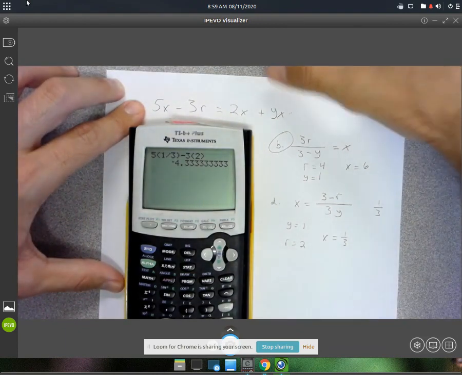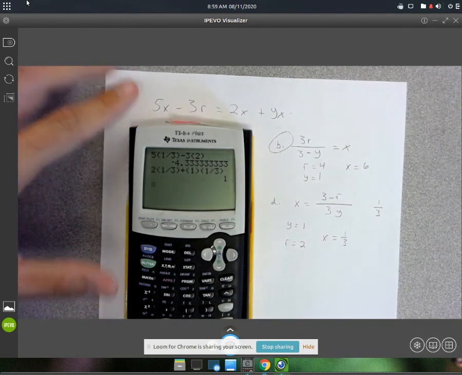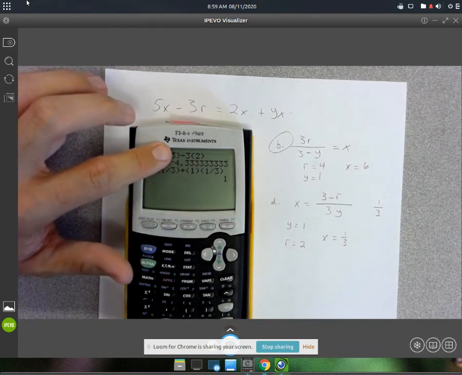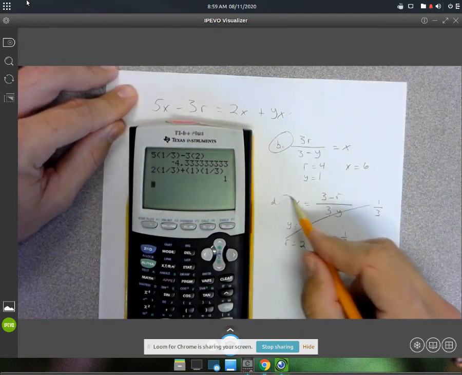I'll try the same thing here. 2 times 1/3 plus yx, so that'll be a 1, and then x is 1/3. And I get 1. So the left side does not equal the right side, which means that D is not the right answer.